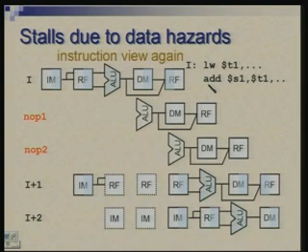The same thing seen in another view, instruction by instruction, shows the two no-op instructions, because the dependent instruction is getting delayed, and this delay is passed on to subsequent instructions also. Everything behind this instruction in the pipeline gets delayed.